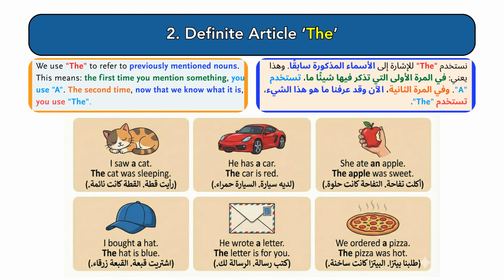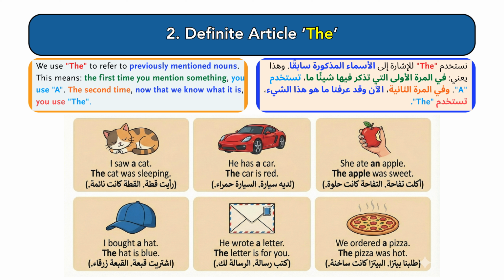This next rule is vital for storytelling and conversation. We use the to refer to previously mentioned nouns. This means the first time you mention something, you use a. The second time, now that we know what it is, you use the. Listen to how the article changes in these examples. I saw a cat.